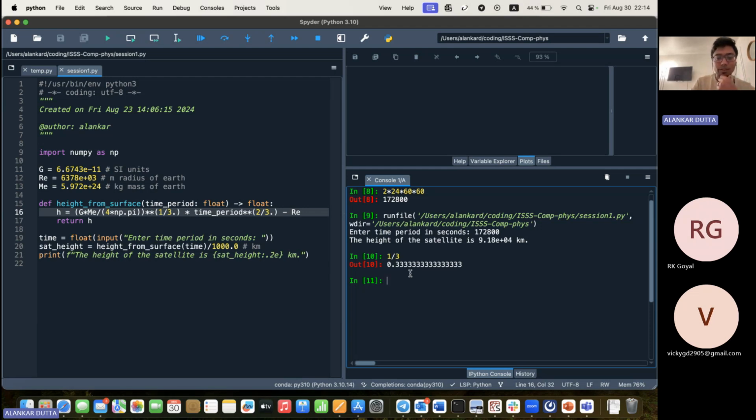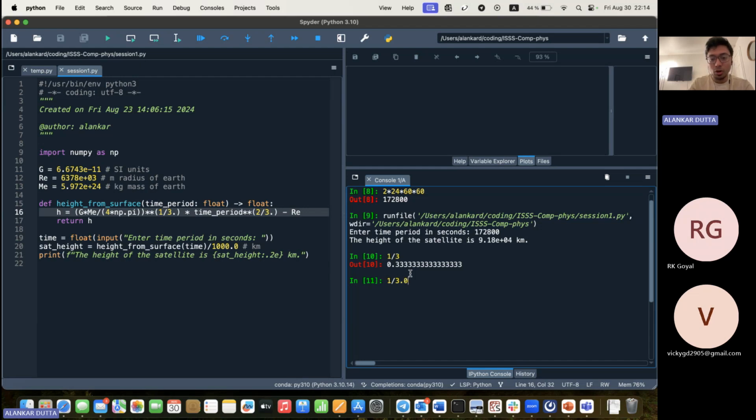But what used to happen, and this comes from my earlier days of writing code in C, is that this 1 and 3 are actually, to speak strictly, integers. So if you just give 1 by 3, the result previously used to come as an integer, and if the result is an integer and not a floating point number, you used to get 0. So just to tell Python or the programming language that this is not an integer, but a floating point number.